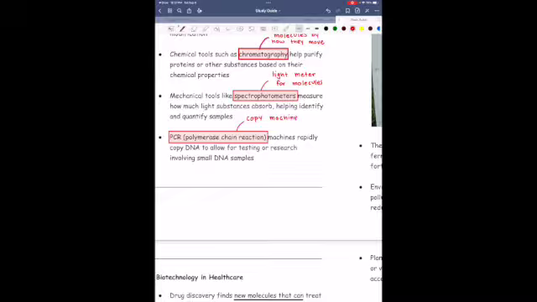So let's write some tips down here at the bottom. Don't mix up PCR, which is polymerase chain reaction and amplifies DNA. Amplify is just a fancy word for makes copies. Don't mix PCR up with, let's say, restriction enzymes.